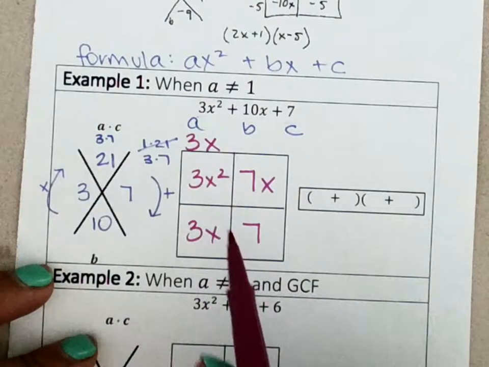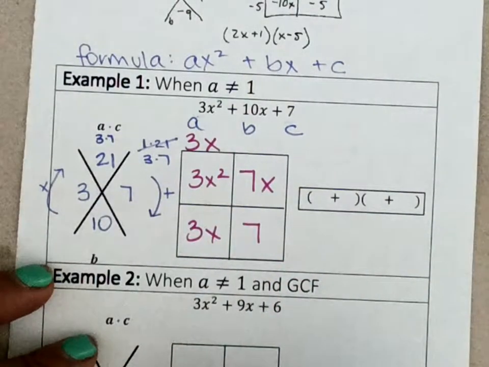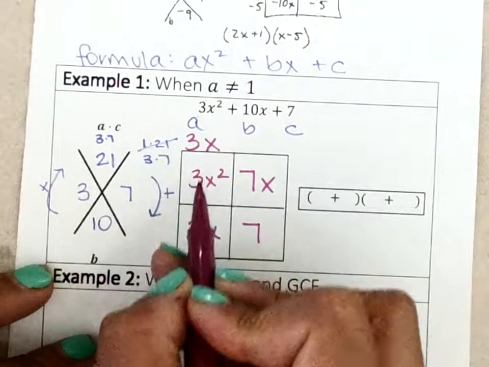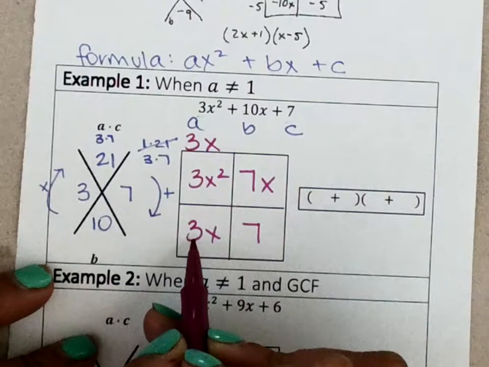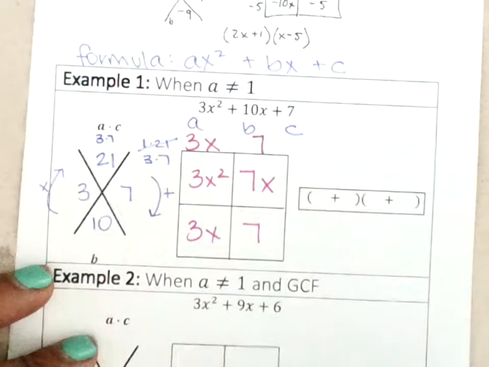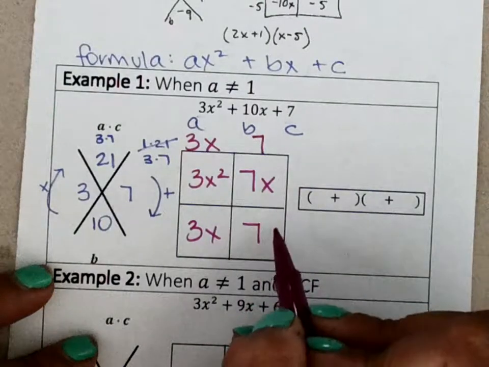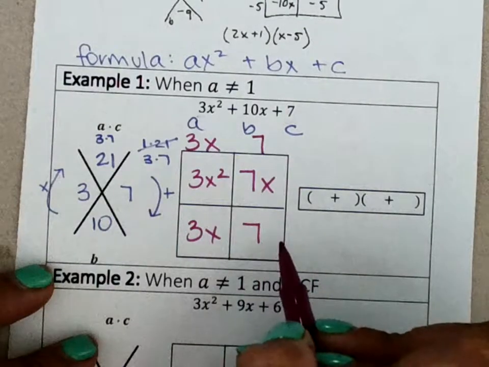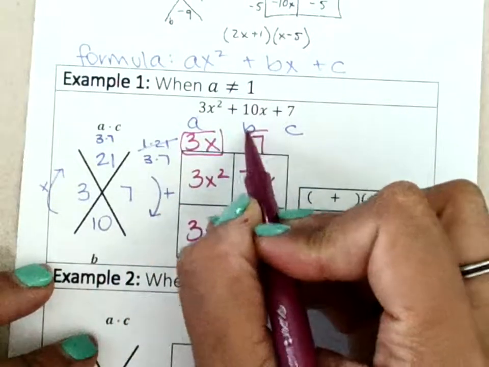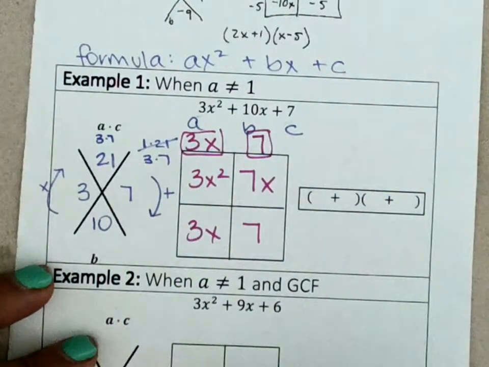So at most, we can pull 1x out. This is our greatest common factor for this column. In the next column, we can pull out a 7. We can't pull out an x because this 7 doesn't have any x's to give. So 3x and 7 will be our final greatest common factors for these two columns.